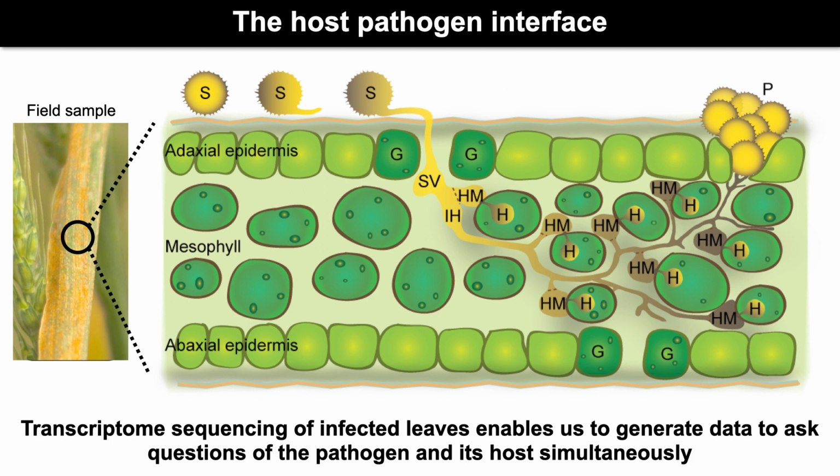Eventually, after a couple of weeks, it will then burst through the surface with the production of pustules with all of those individual urediniospores again, which will get blown on the wind to infect a new plant. And so when we do our transcriptome sequencing, we're capturing this entire moment. And so we get that intimate connection between the plant and the pathogen, and we can understand more about how the plant is responding to being infected.